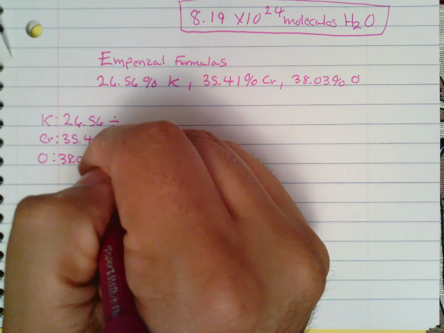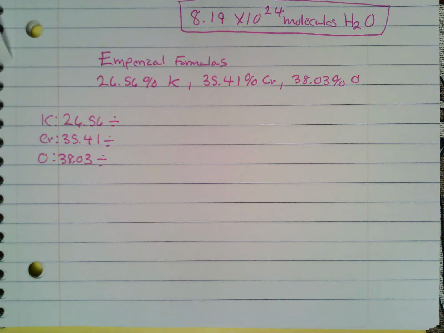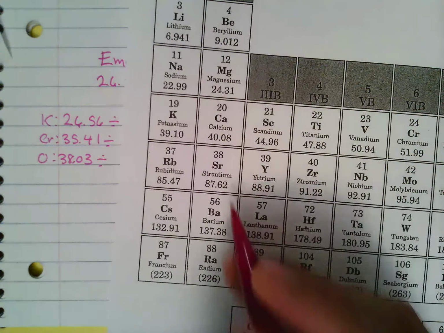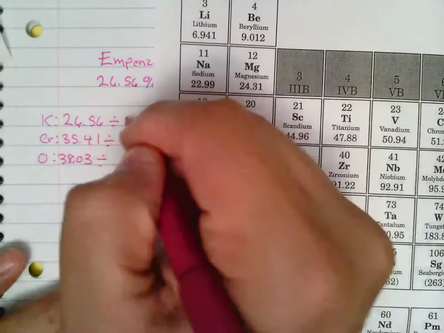Okay, so at this point we need to divide by the atomic masses. If we look at the periodic table, we look for potassium first, which is on the left side over here. That has an atomic mass of 39.10, so I'll put that here.